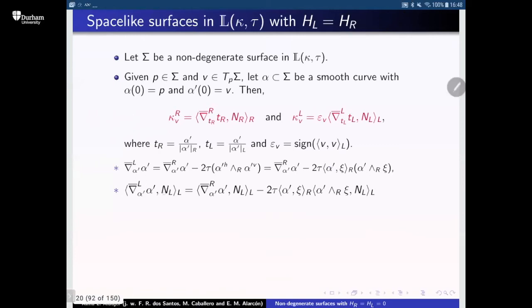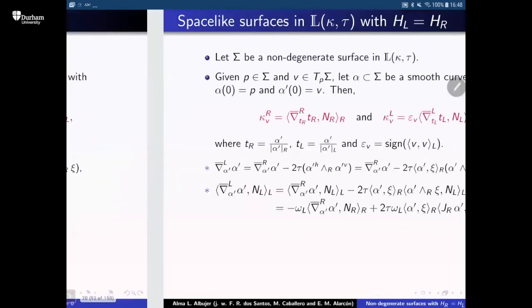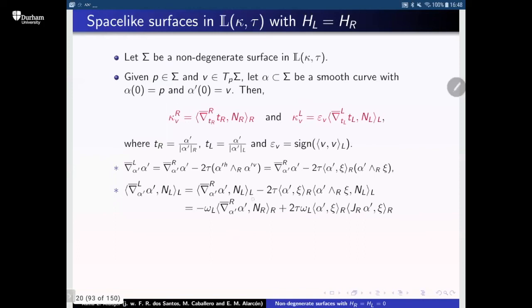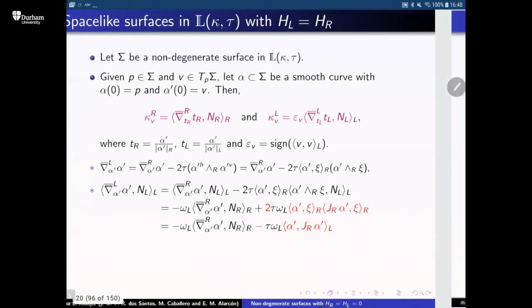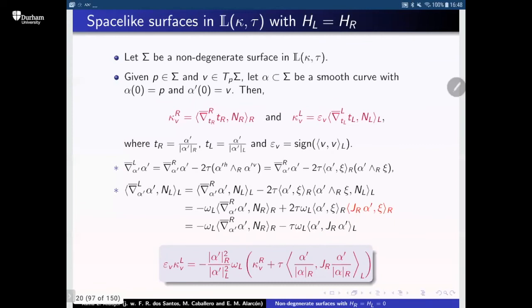We take the product with respect to the normal. We consider some relations between the metric L and the metric R. And in the end, considering all the relations, we get this formula which relates both normal curvatures.